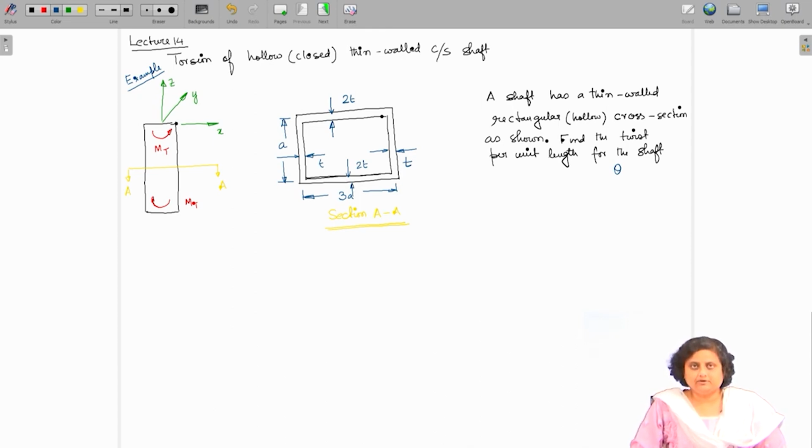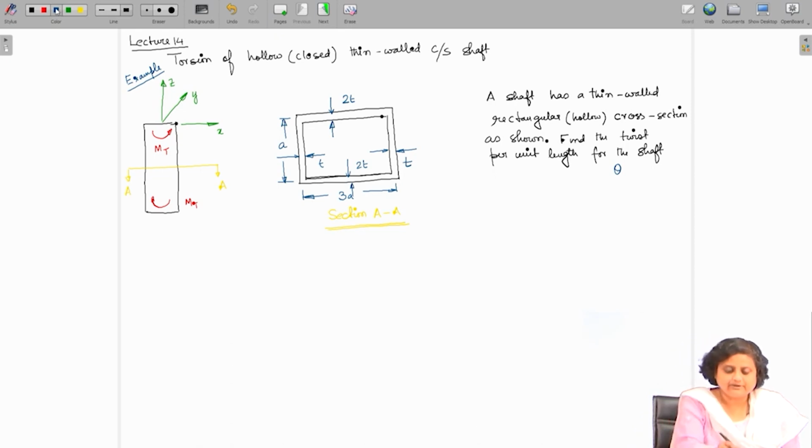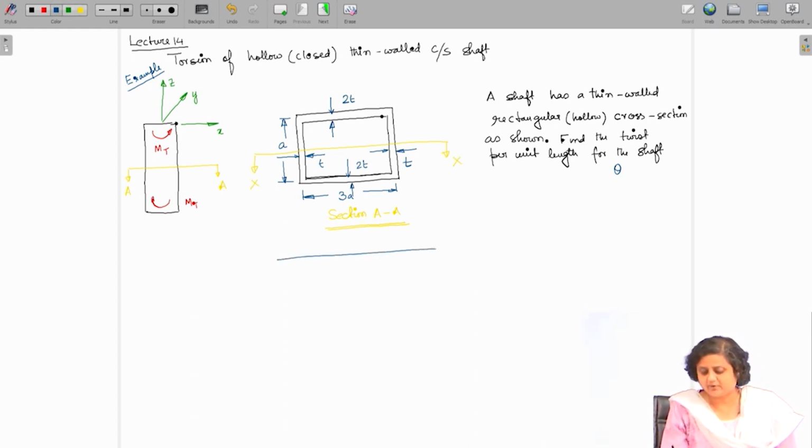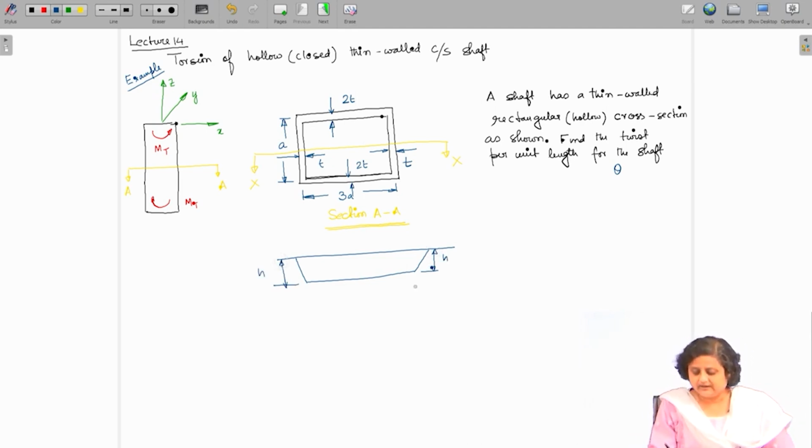Using the membrane analogy, if we take an arbitrary cross section, say capital X and capital X of the analogous membrane, and draw its deflected shape, it is going to look something like this, with height H here and H here as well.